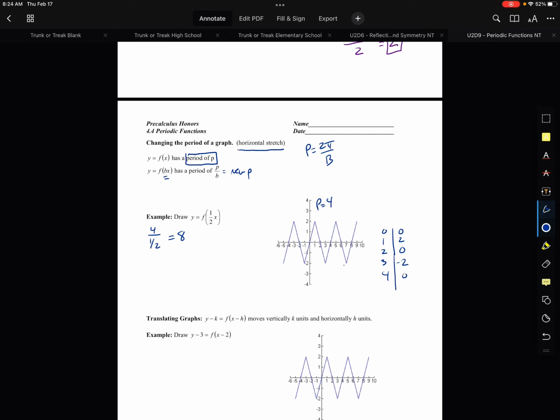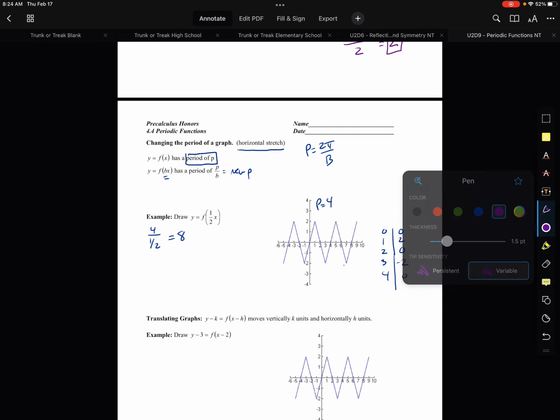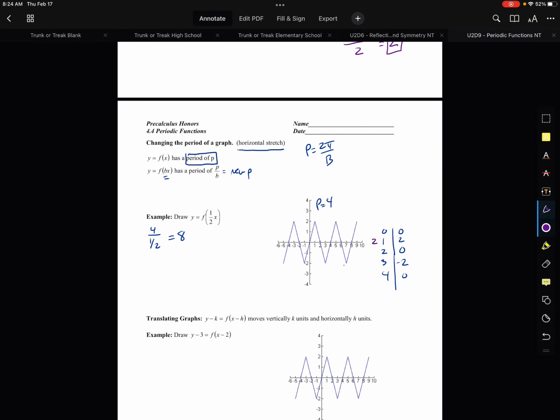All right, so in this scenario here, we stretch this graph to the right. So I'm going to double all my points. So this is 2, this is 4, this is 6, this is 8. So I'm stretching it to the right. So that 0, 0 stays, but now I have 2, 2. I have 4, 0.